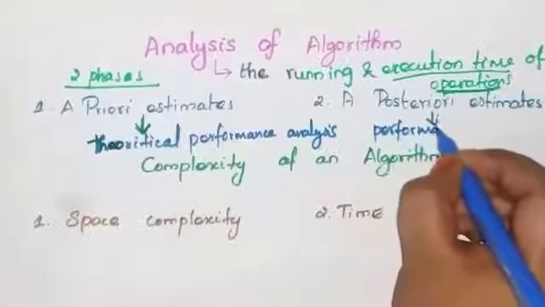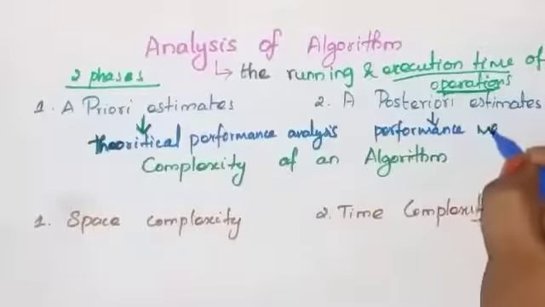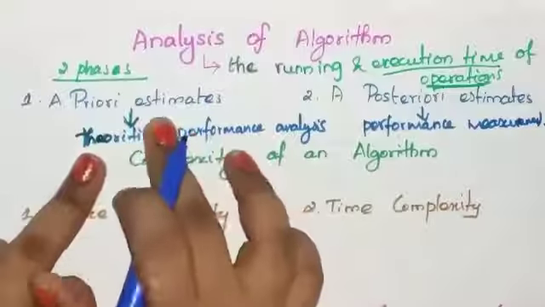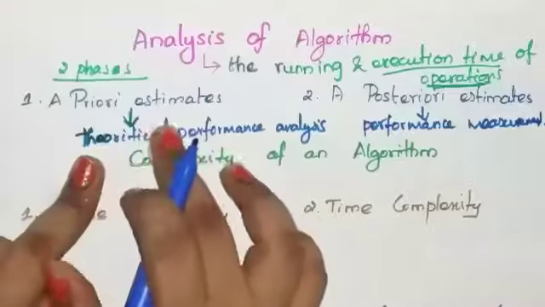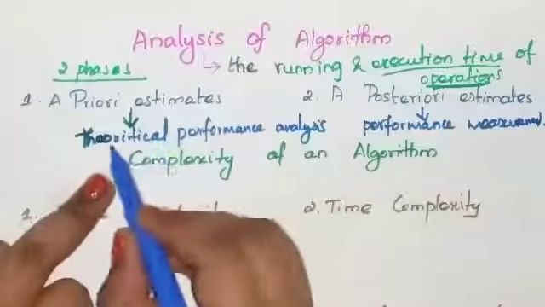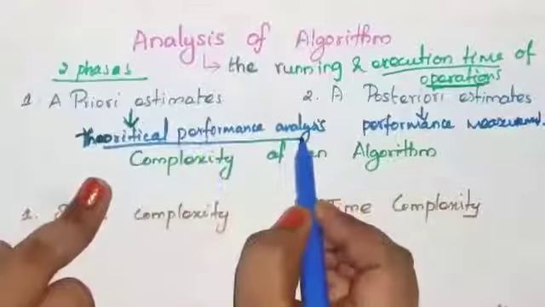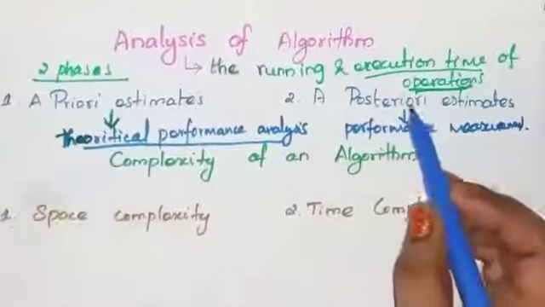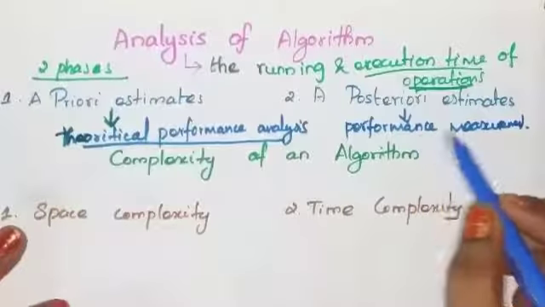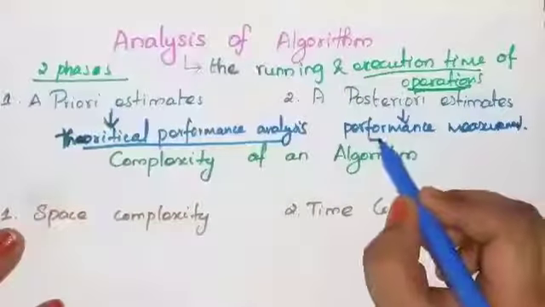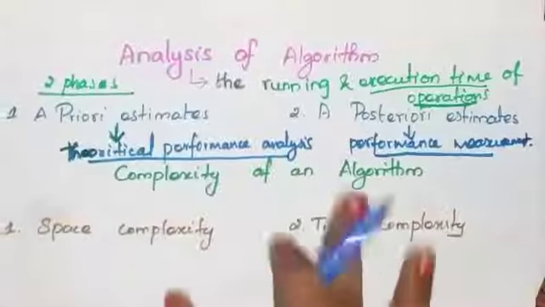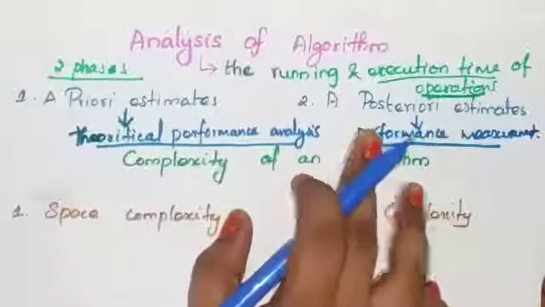In a priori estimate, the efficiency of an algorithm is measured by assuming external factors, because it is a theoretical performance analysis. But in a posteriori estimate, running time and algorithm executions are collected, so it is called a performance measurement. So this is called analysis of algorithm.